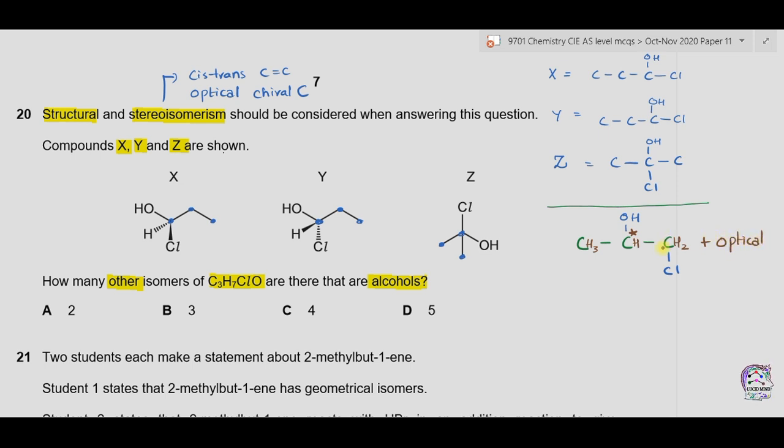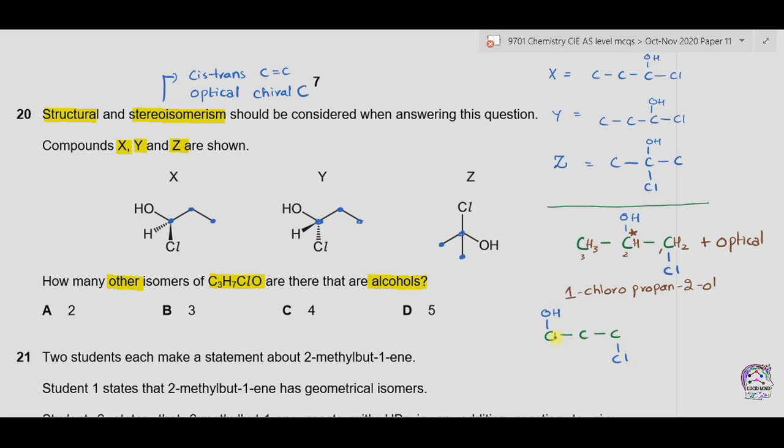The numbering starts from this carbon atom, as the substituent gets the least number, so we have 1, 2, 3. So the name is 1-chloro-propane 2-ol. Another possibility is that we have 3 carbons and OH is attached with the first carbon atom and Cl is attached with the third carbon atom.